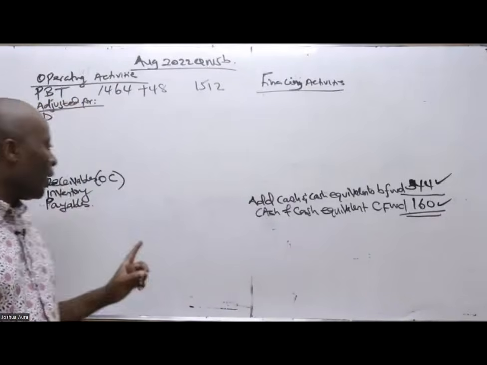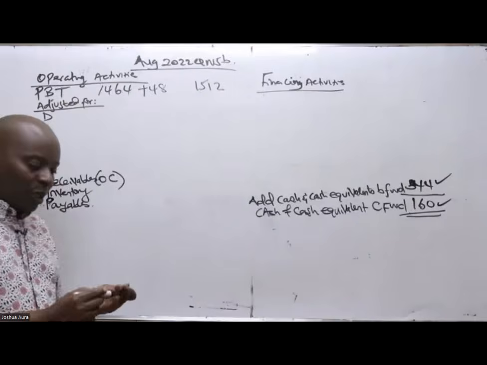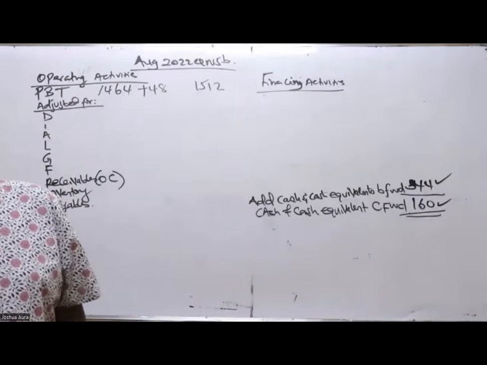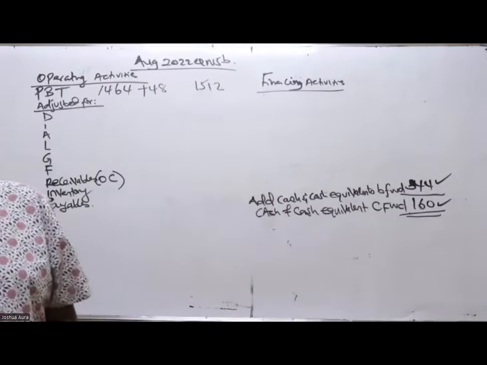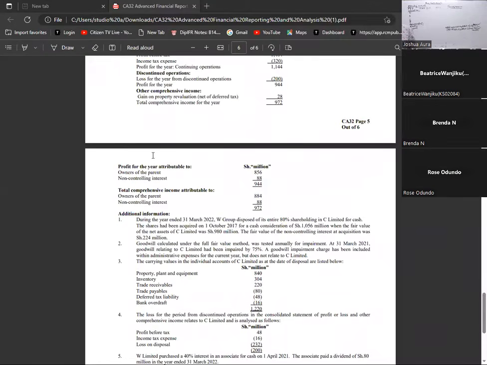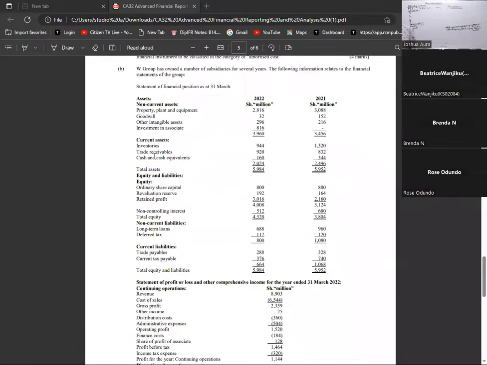So we start with receivables. Please go to your balance sheet, the statement of financial position. Under current assets, we can see trade receivables.